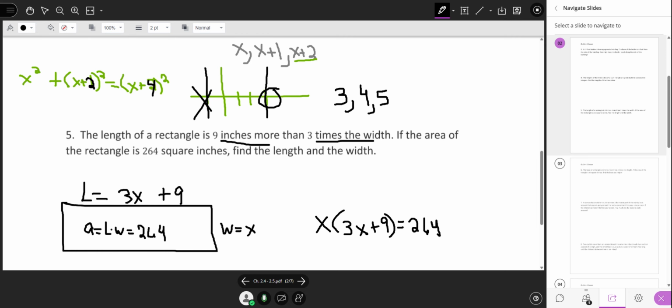So X parenthesis equals 264, and that was 3x plus 9. And it gives us two answers, -11, +8. Throw away the negative. So x equals +8.